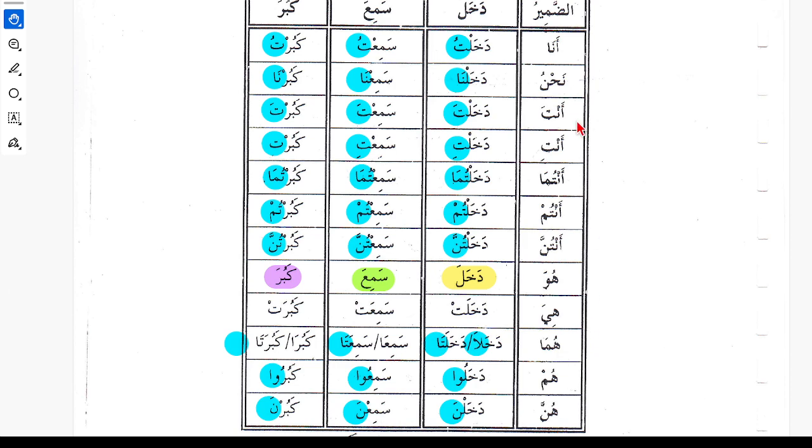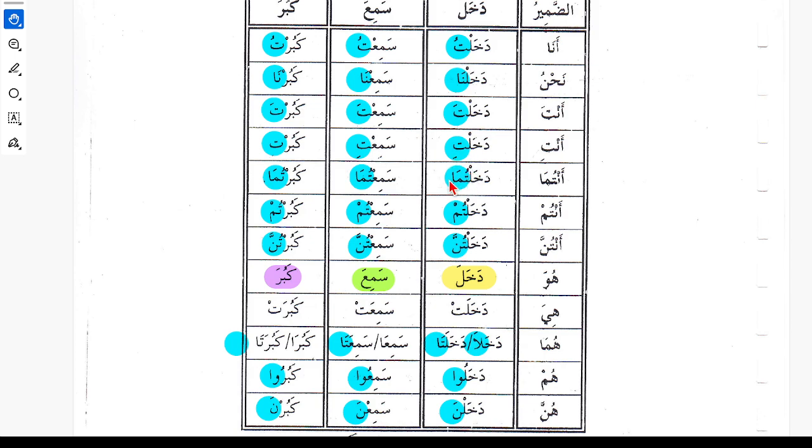For second person, anta, anti, antuma, antum, antunna. Dakhalta, ta is the fa'il. Dakhalti, ti is the fa'il. I mean, you entered, masculine; you entered, feminine. Dakhaltuma, you both entered. For masculine and feminine, it remains tuma.